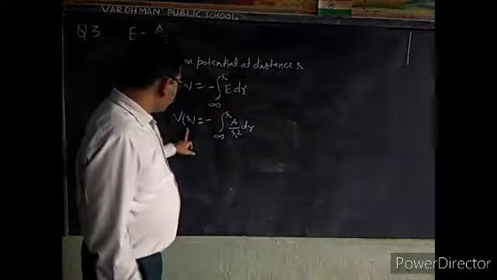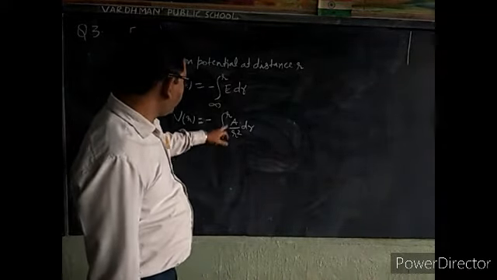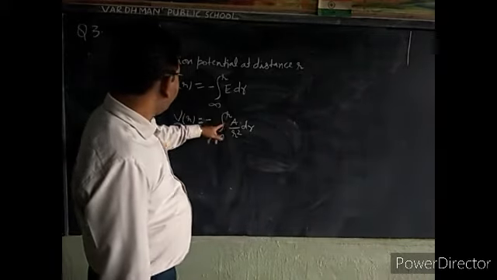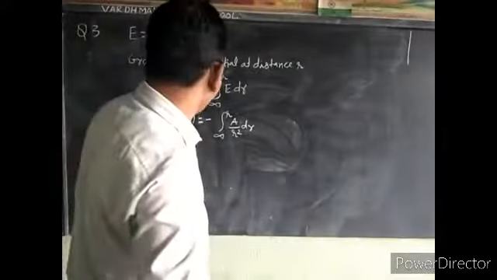Thus we see Vr is equal to minus, lower limit infinity and upper limit r, and we will put the value of E, A upon R square.